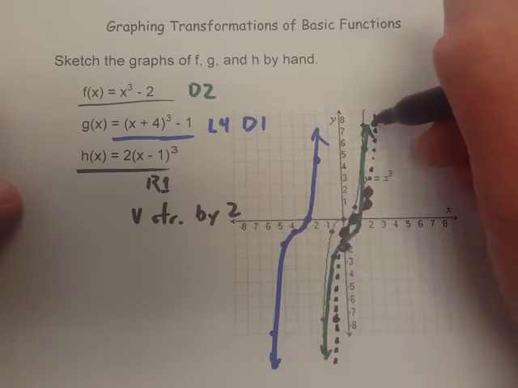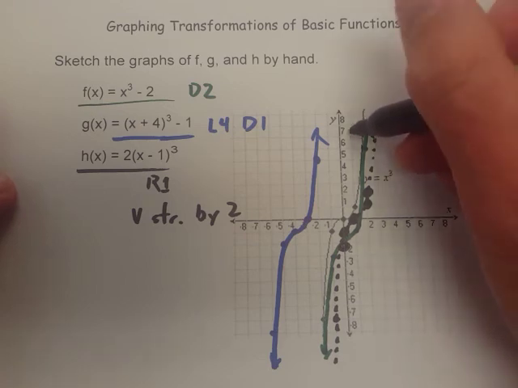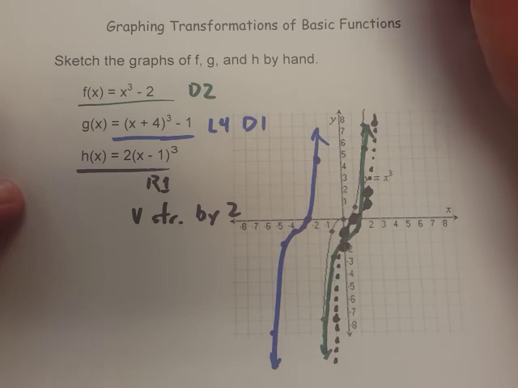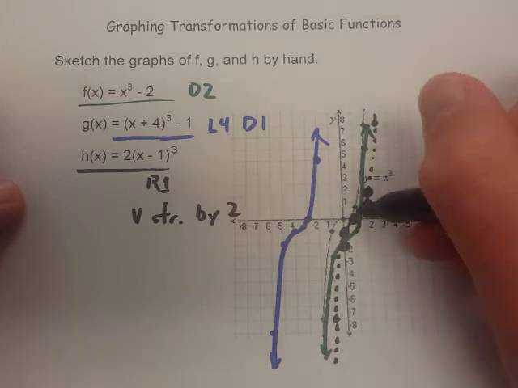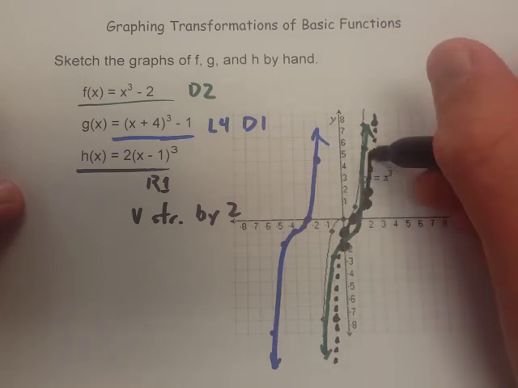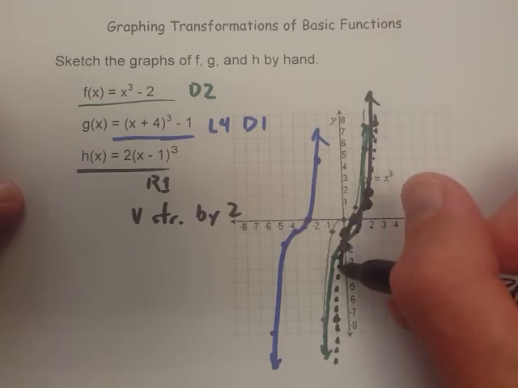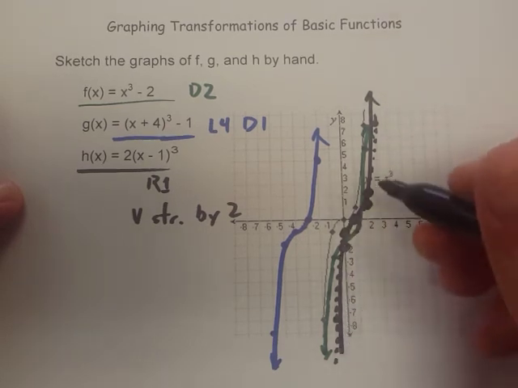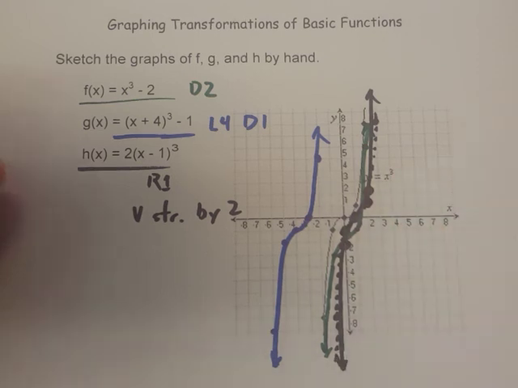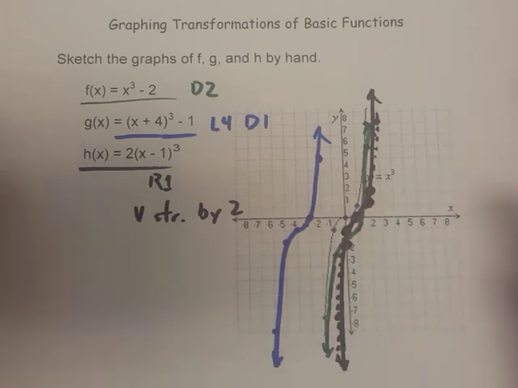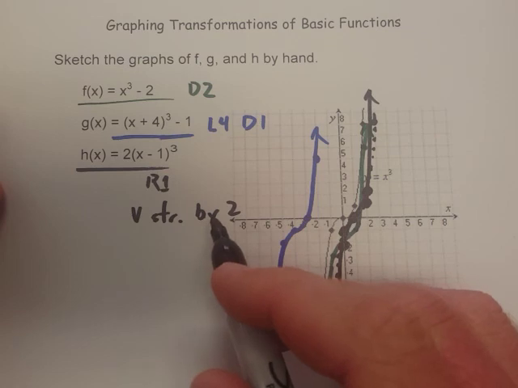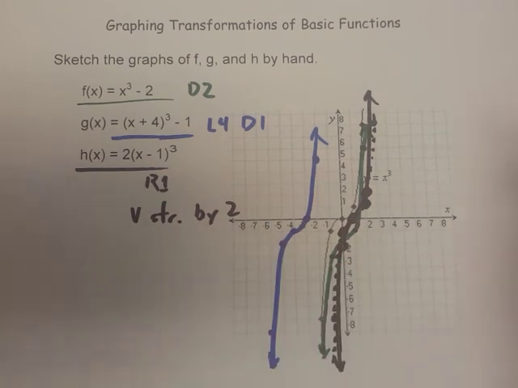And by the time we get up to this point, it's already up to 8, so I have to double it to 16. So this is just running away right off the graph really quickly. It's going to be a really steep, skinny graph in this one. Sorry, I've gotten a little bit messy there. But when you're doing the vertical stretch by 2, that just means you're going to double the y values in this case.